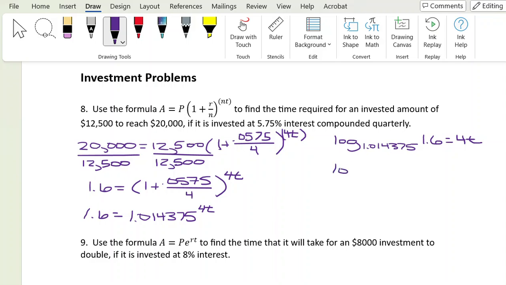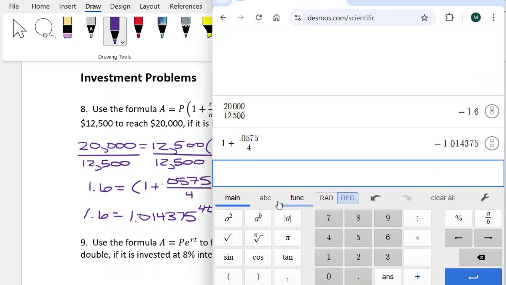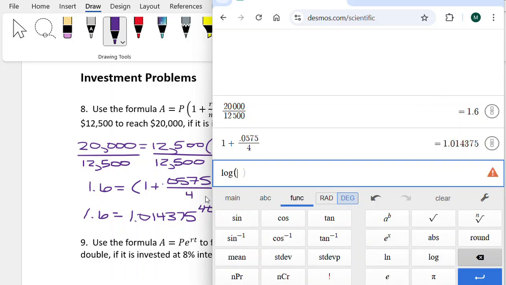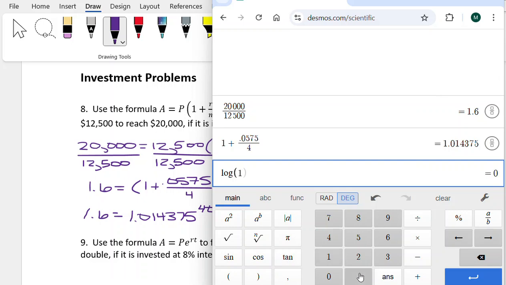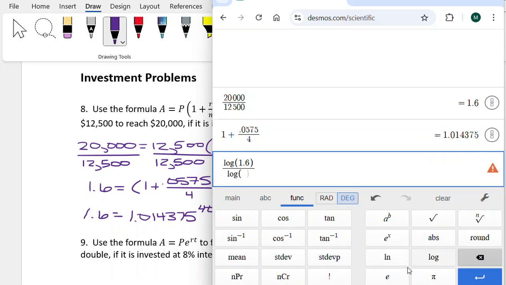So on the calculator, I would do log of 1.6 divided by log of 1.014375. And I get 32.93.